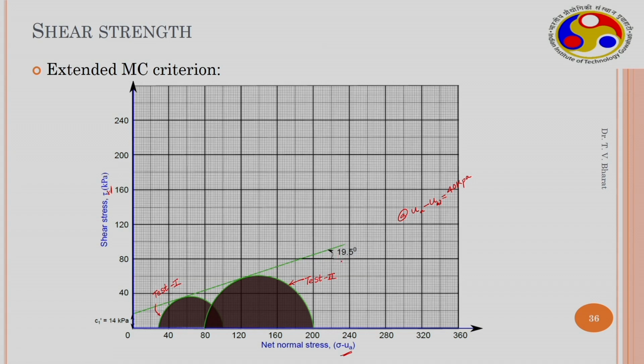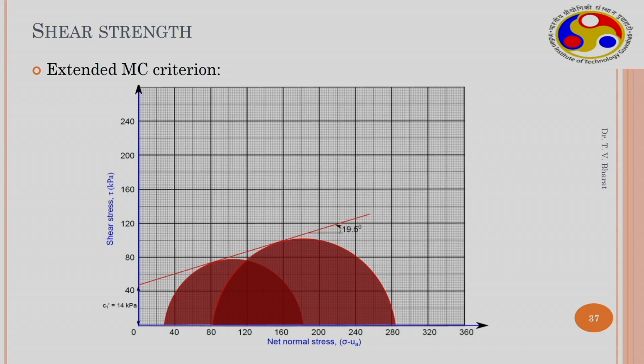Then we obtained the angle of internal friction, that is 19.5 degrees, and the intercept C1 dash, which is not equal to C dash because this test is conducted at one particular matrix suction value. So this is 14 kilopascal.